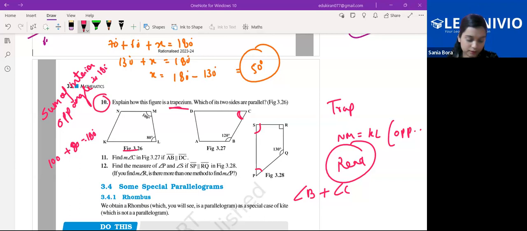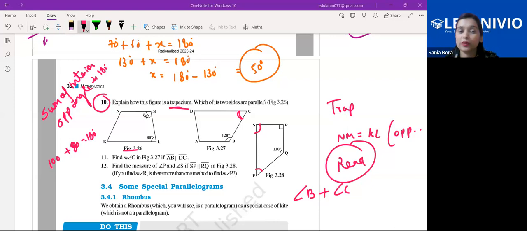Ma'am, I have a doubt. In the question they said angle R is 90 degrees. Is there one more method to find it from angle P? But if we take the property that adjacent interior angles of a trapezium make 180, then it won't be correct. You can use the property that the sum of co-interior angles is 180 degrees.